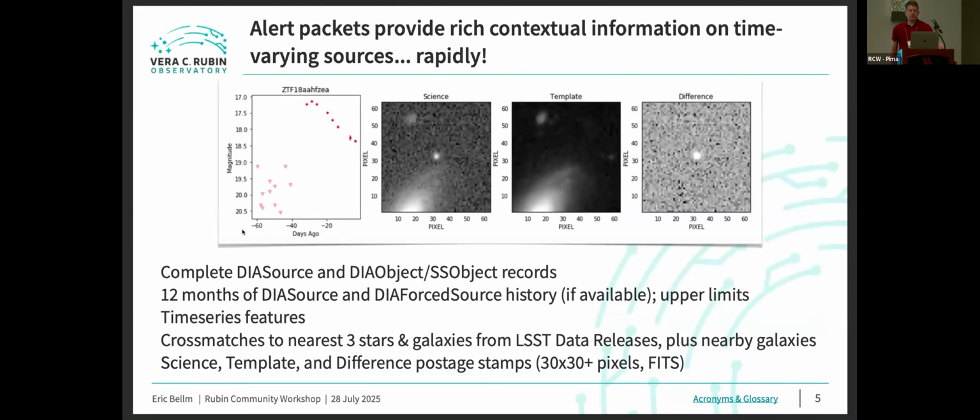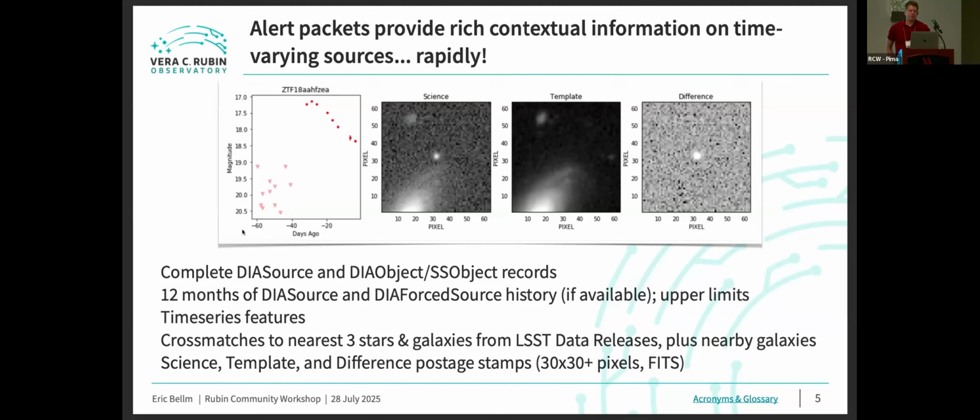So the idea of alert production is to rapidly send out all the information that we have about a new source to enable rapid decision-making and follow-up. So in particular, that is the database records we have about the difference image source, or DIA source, the associated object, or if it's a solar system object, the SS object.